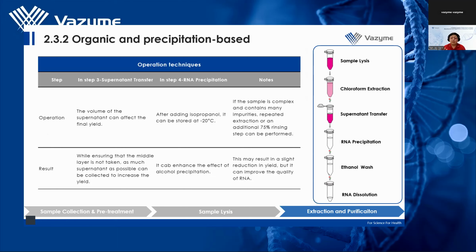Firstly, after using chloroform to separate the liquid into three layers, carefully aspirate the upper aqueous phase containing the RNA as much as possible without aspirating the middle layer. After adding the alcohol, placing the mixture at -20 would help to increase the yield. For more complex samples and high impurity levels, repeating the extraction step or additional 75% ethanol rinsing steps might reduce the yield slightly, but will significantly improve the RNA quality.